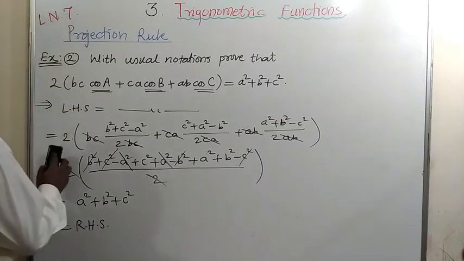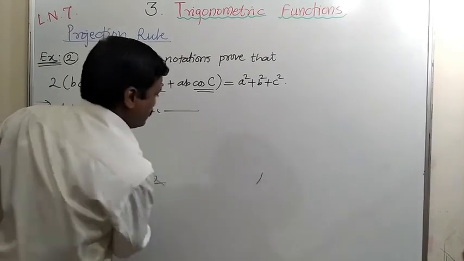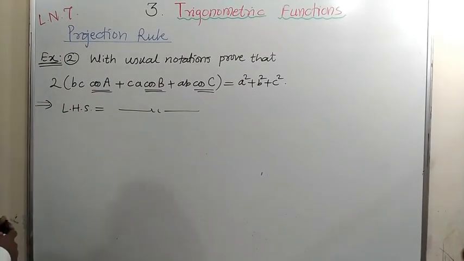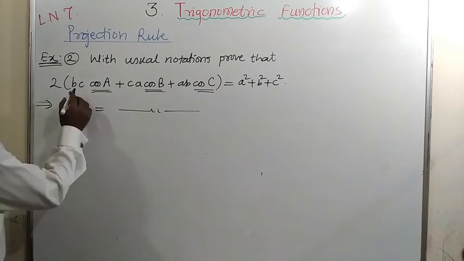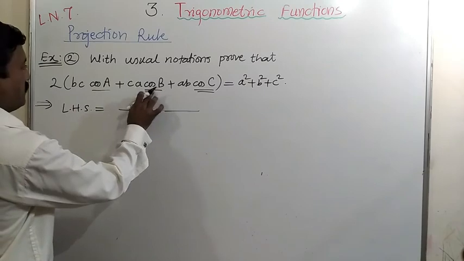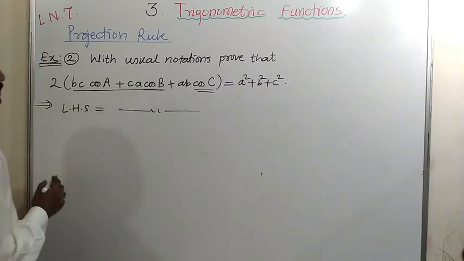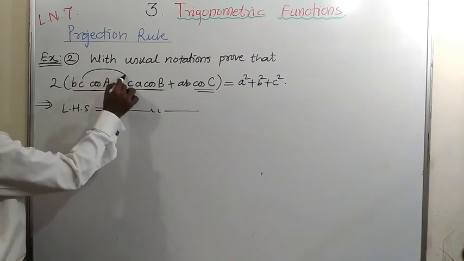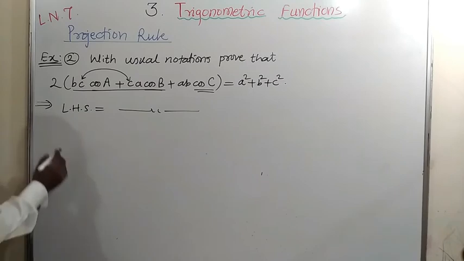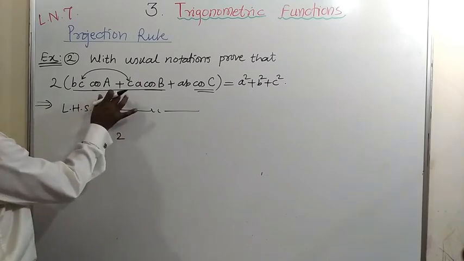Now let us try to prove the same result using projection and cosine rule. For that, our LHS is given. If we observe the first two terms, what is common? Here c is common in both terms. So from LHS, take common c from these two terms.